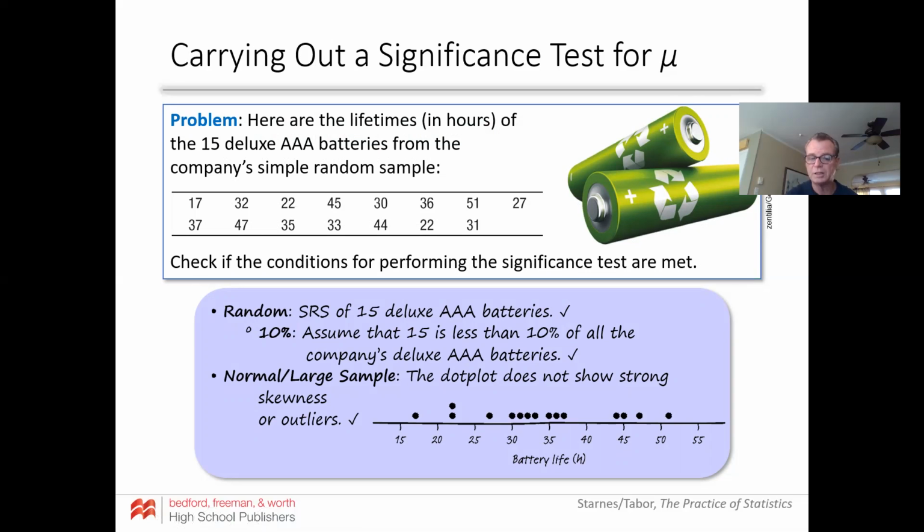The other condition is the sample. The sample's 15. It's less than 30. So you're going to have to do a sketch of this. Now, the most efficient way for you to do this in May and in our class moving forward is to do a box plot. I don't care that they did this dot plot. You would do a box plot and just reproduce that in your template.